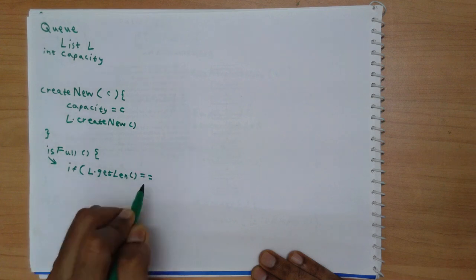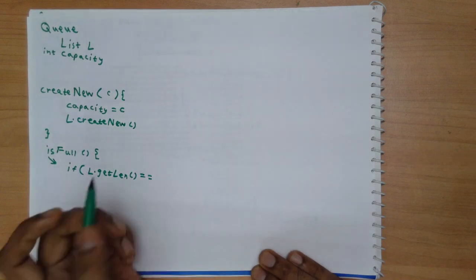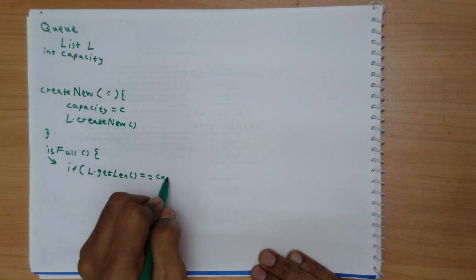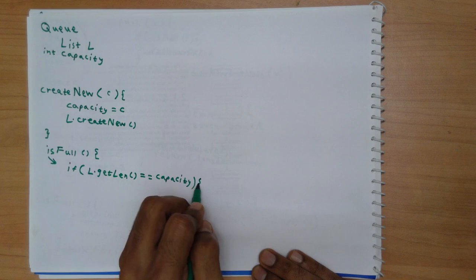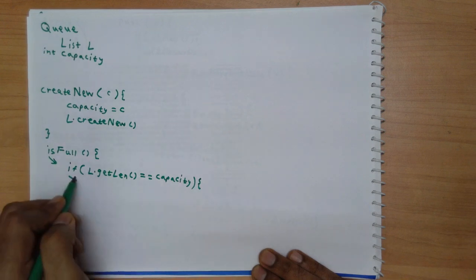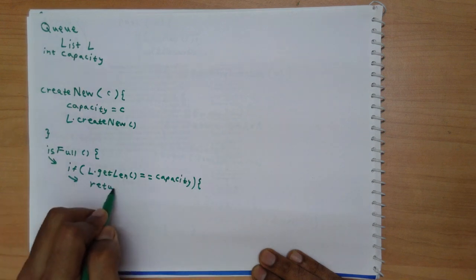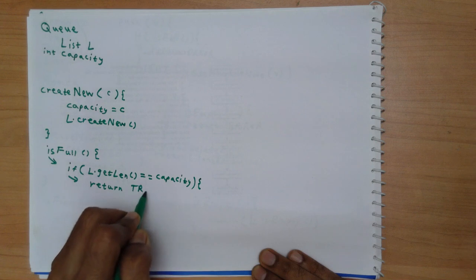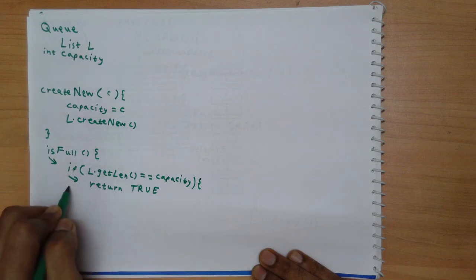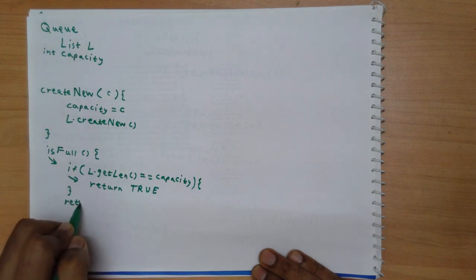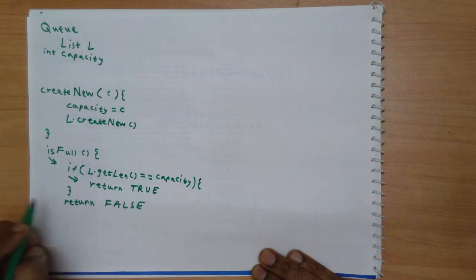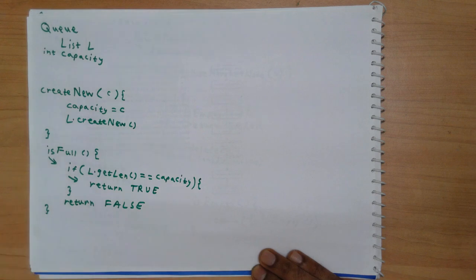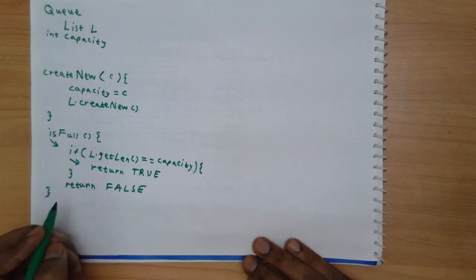If this is equal to the capacity that we have, in that case our queue is full, so we are going to return true. If that is not the case, we are going to return false.